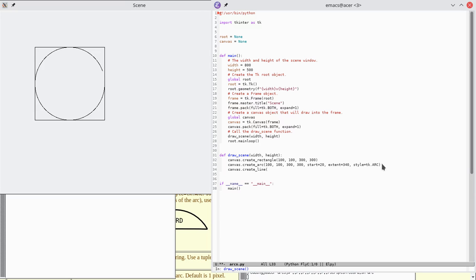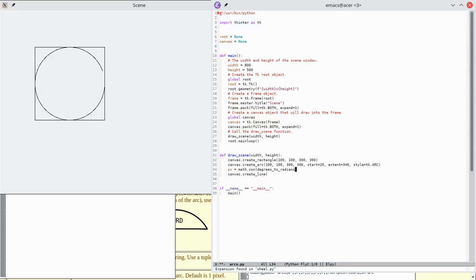to find the position of that point, we have to say point x equals cosine of, we need degrees to radians, don't we?